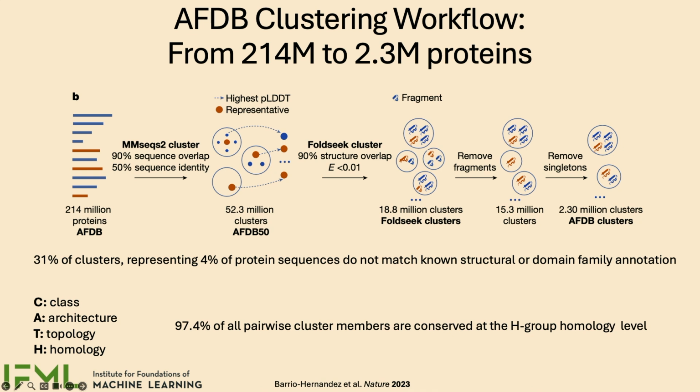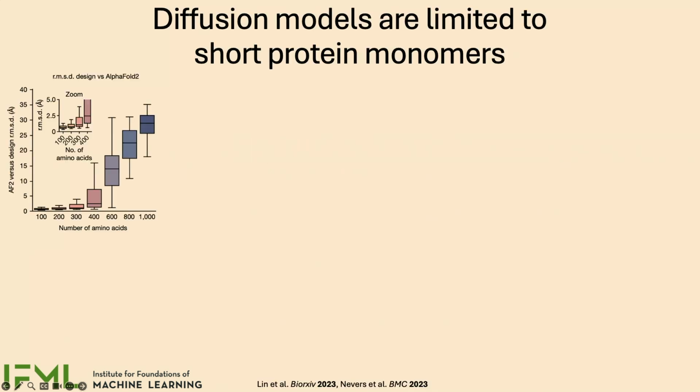So interestingly, their clustering paradigm led to where each cluster, 97% of all proteins within a cluster all had the same H level. So they were all evolutionarily related, which is an interesting fact that we actually exploit in our model.